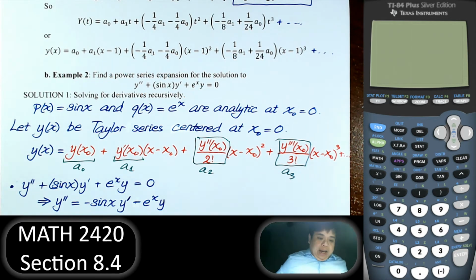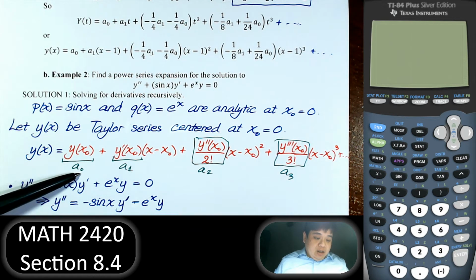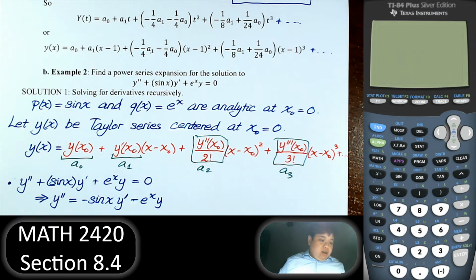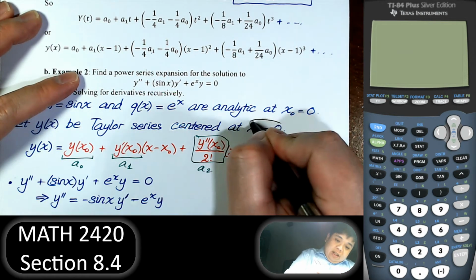Now, here we have the value of the function is equal to a naught, and a1 is equal to the derivative value at x naught. By the way, in this case, x naught is equal to 0.